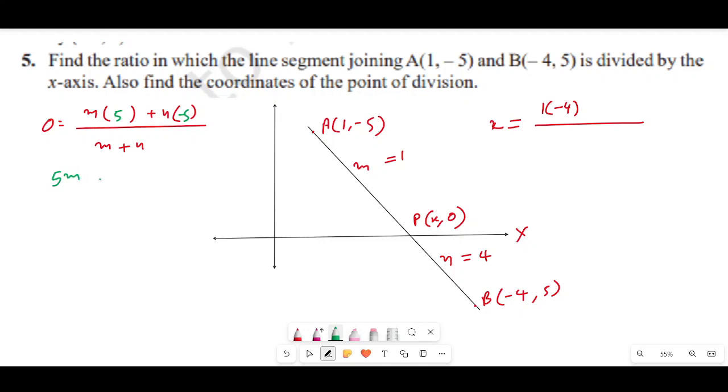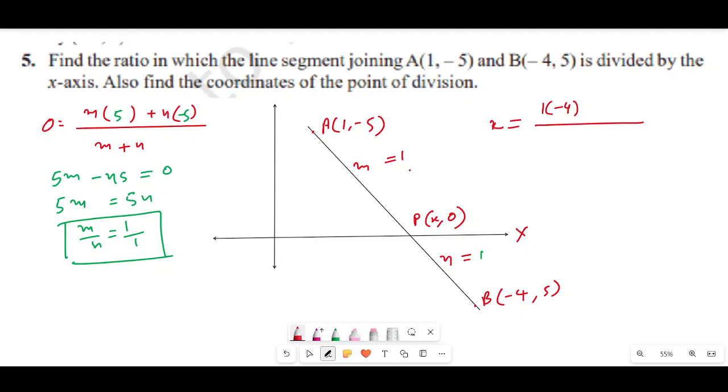Then 5m minus 5n equal to 0. Then 5m equal to 5n. Then m by n will be 1:1. So this will be 1 and this will be 1. Now we will find out the value of x.